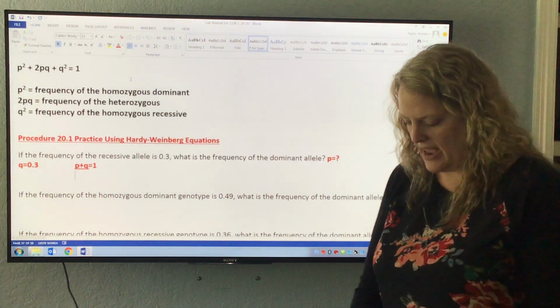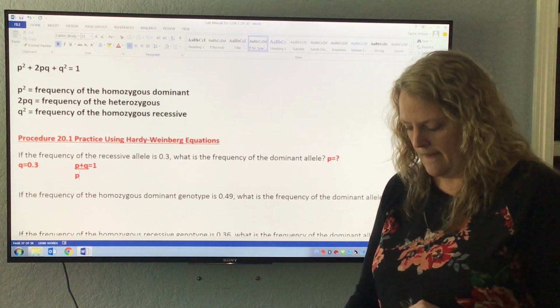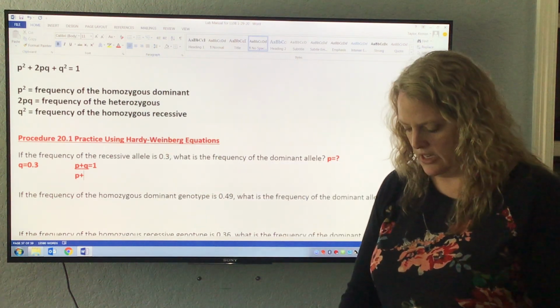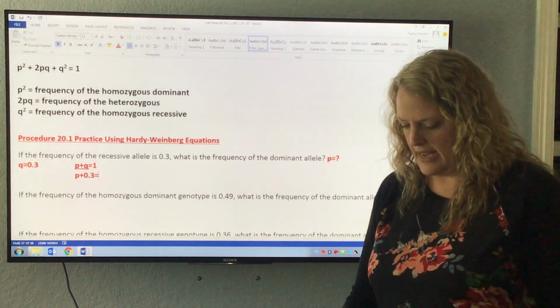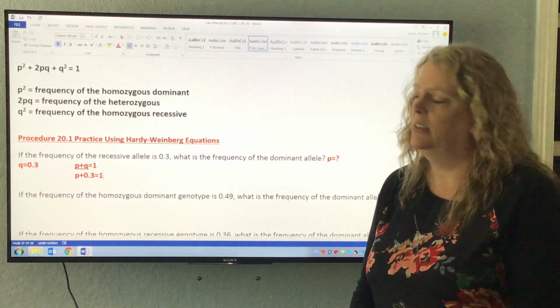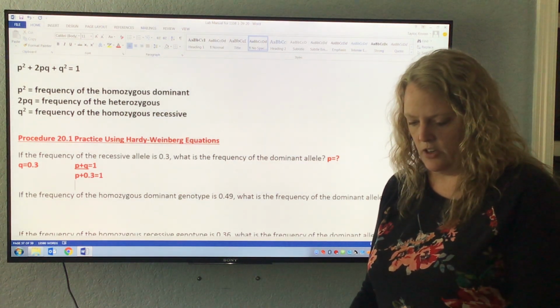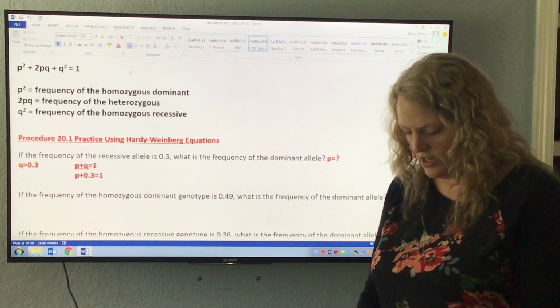I'm looking for P, I'm given Q, Q is 0.3, and it has to add up to 1. Okay, if you're doing a little algebra, rearrange this equation.